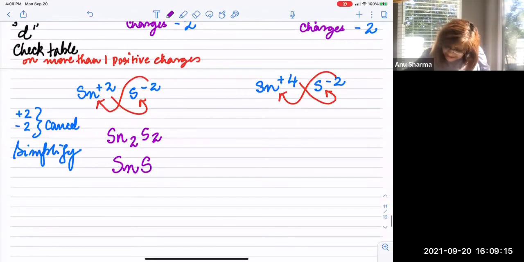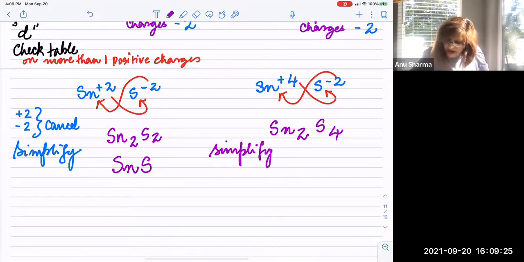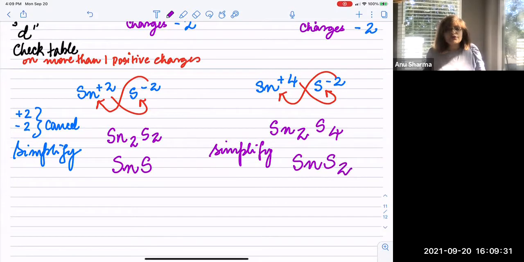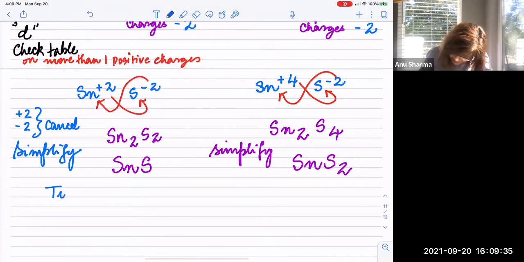The other one is Sn 2 comes here and Sn 4 comes here, but you need to simplify. So when we simplify, 2 and 4 cancel out and we get SnS2. Okay, so the name is tin(II) sulfide.